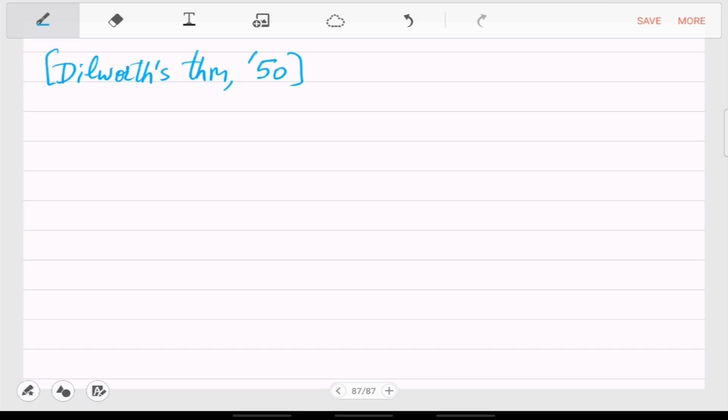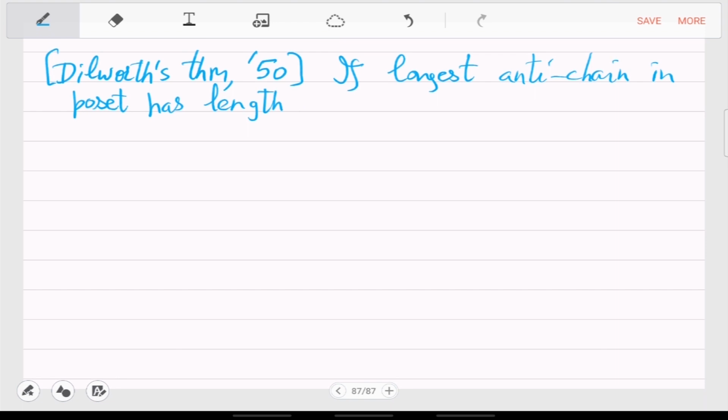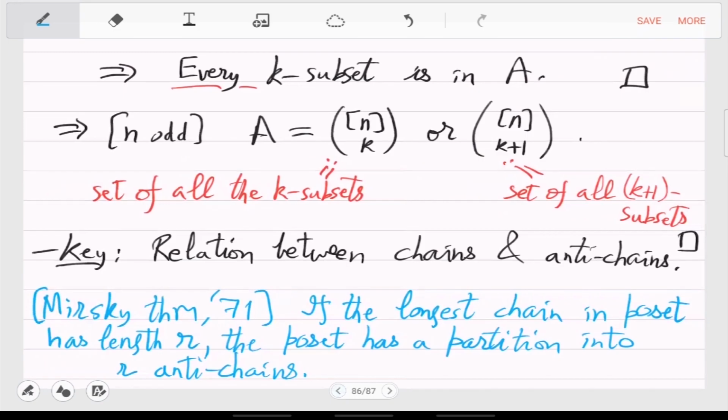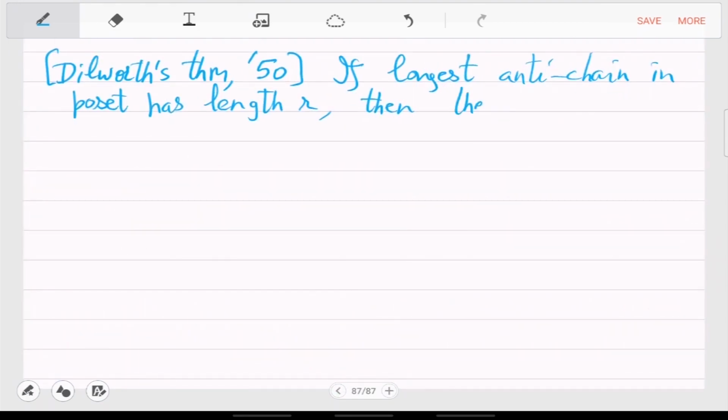So if the longest anti-chain has length r, then the poset has a partition into r chains.